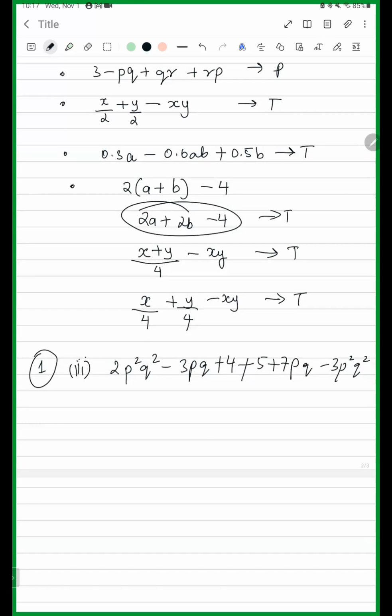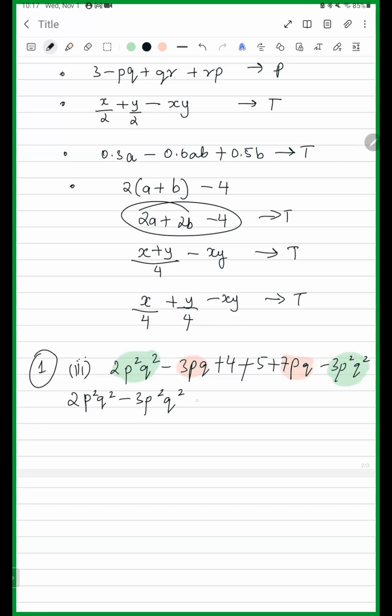Then in a bracket we will write 2p square q square minus 3p square q square, then plus minus 3pq plus 7pq. See, you don't have to necessarily write the brackets. It's not necessary, because you can do it without the bracket itself.